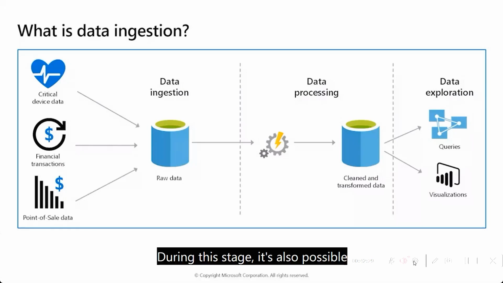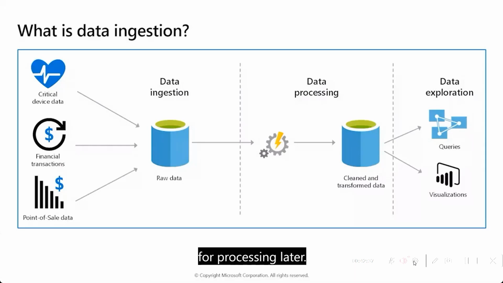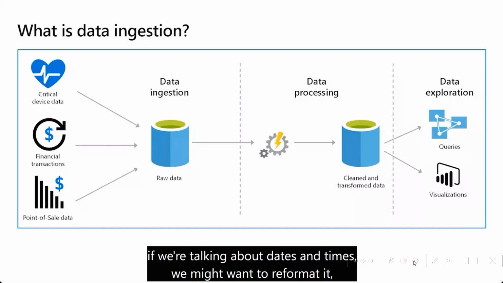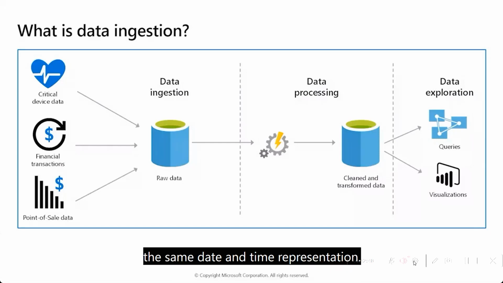During this stage, it's also possible to do some transformation to the data. We can convert some of that data to a more standardized format for processing later. For example, if we're talking about dates and times, we might want to reformat it so that all the data that's been ingested will use the same date and time representation.